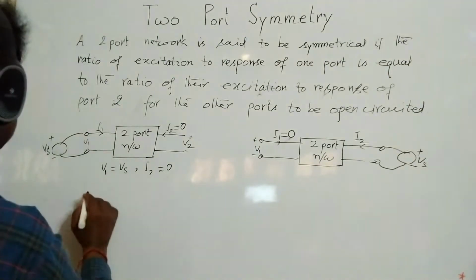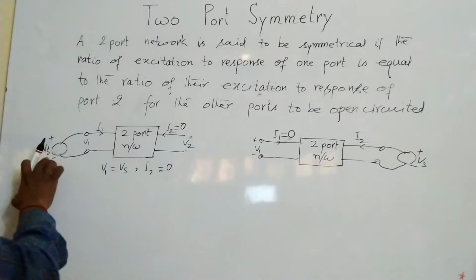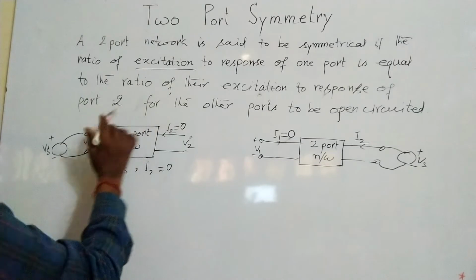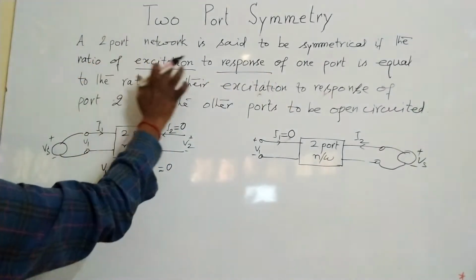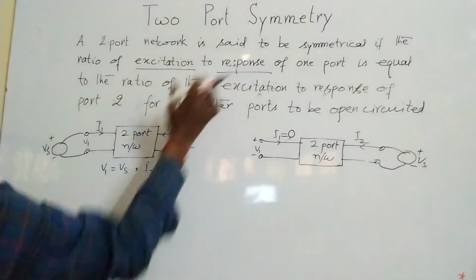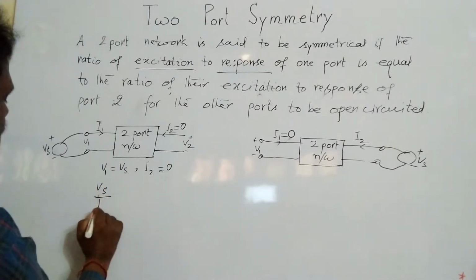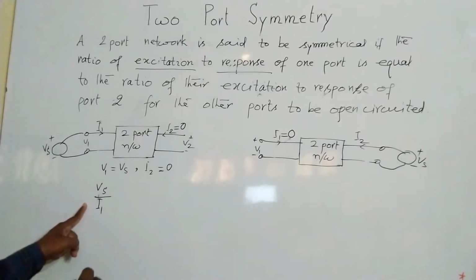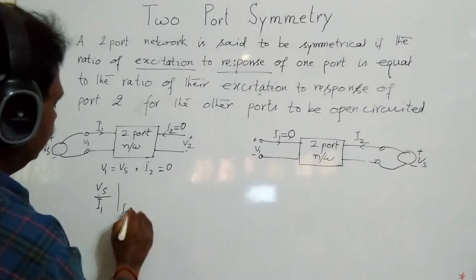Then let us see here: Vs is excitation, and I1 is response. Then the ratio of excitation to response is Vs by I1, keeping I2 equal to 0.